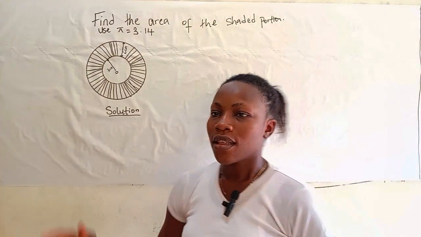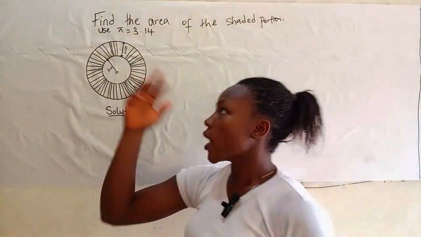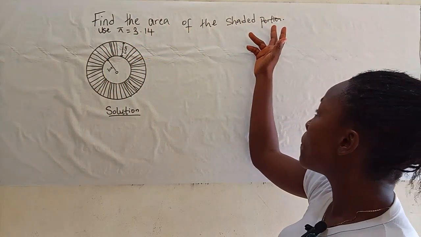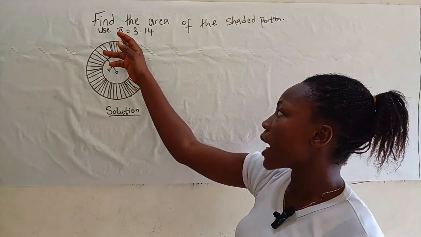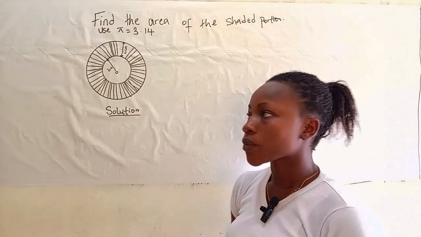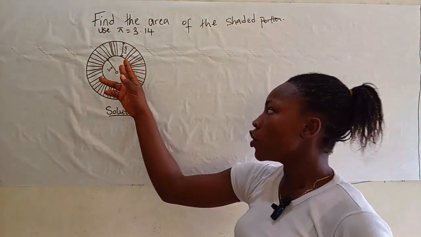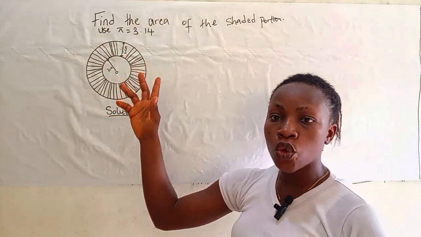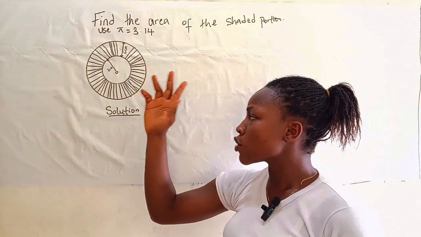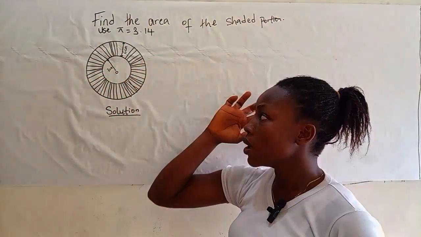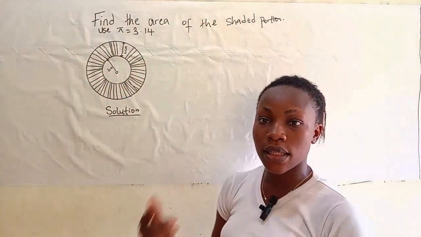All right, let's look at this question. We are asked to find the area of the shaded portion. Use pi equals 3.14. If you look at what we have here, we have two circles, the bigger circle and the smaller circle.